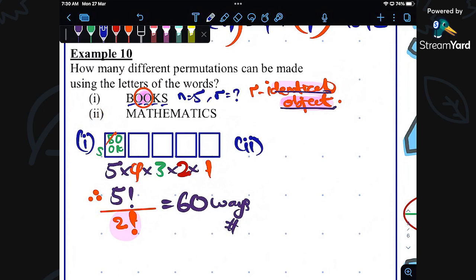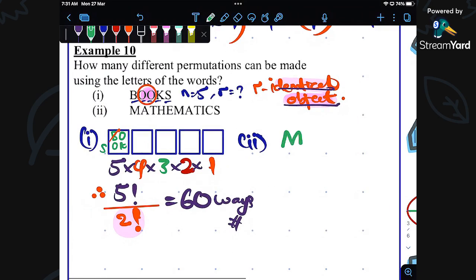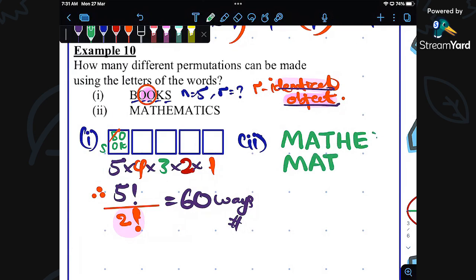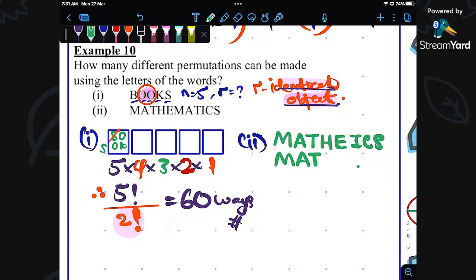So let's try the second question, mathematics. Maybe I give you a slightly different technique here. I don't use the boxes anymore, but I write this out: M-mathematics. Why do I write it like this?